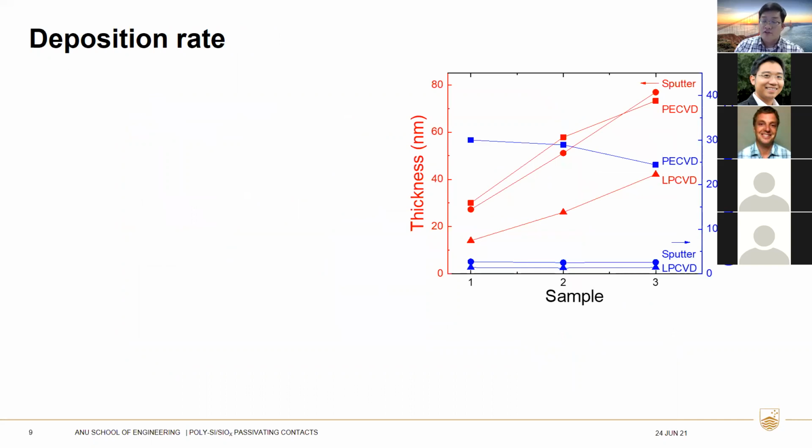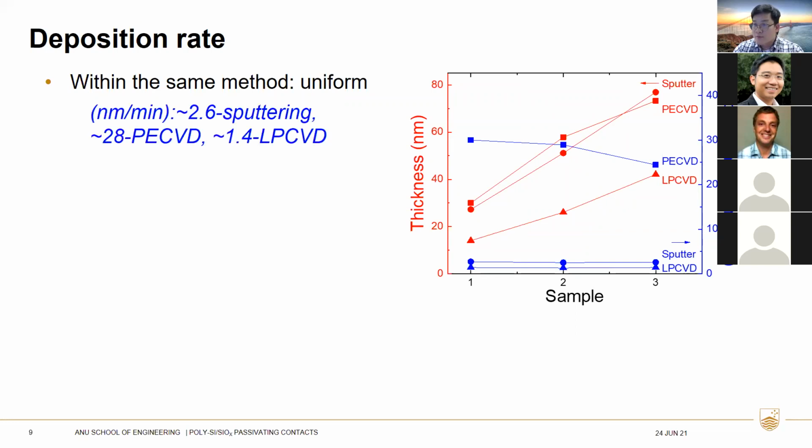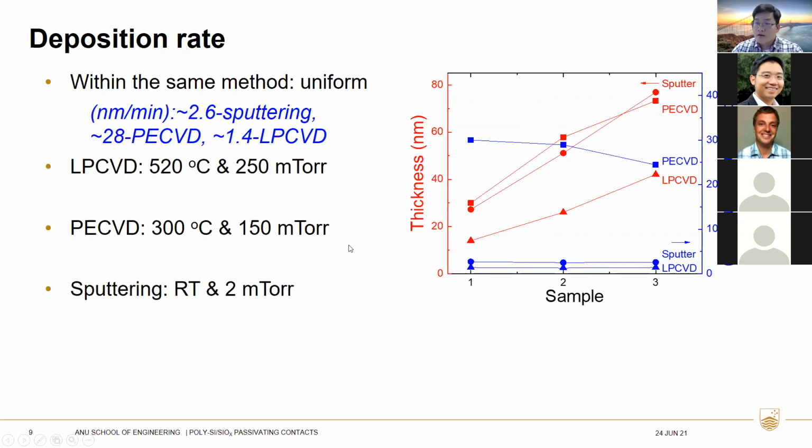Let's compare the deposition rate between the different deposition techniques. As you can see from the figure on the right here, within the same method, the deposition rate is quite uniform. For sputtering, it is 2.6 nanometers per minute. It is 28 for PECVD and 1.4 for LPCVD. These are the deposition conditions for the different techniques.